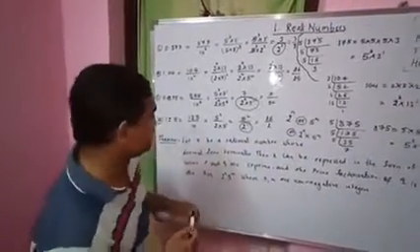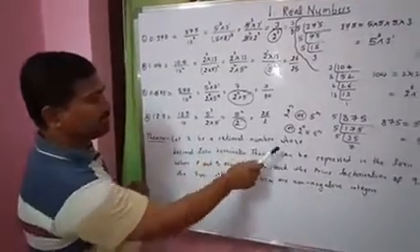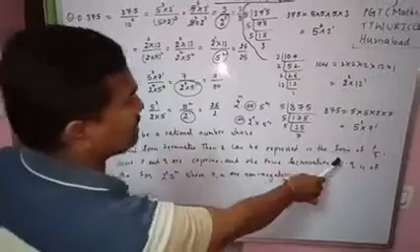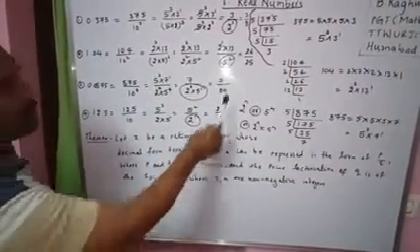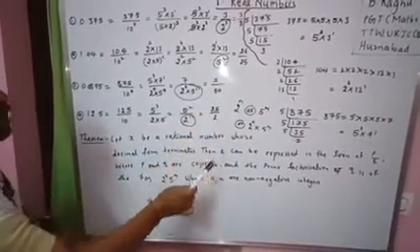This way, if we generalize this, we have a theorem. Let x be a rational number whose decimal form terminates, then x can be expressed in the form of p by q, where p and q are co-prime. Here 3 by 8, 26 by 25, 7 by 80, 25 by 2 are co-primes.